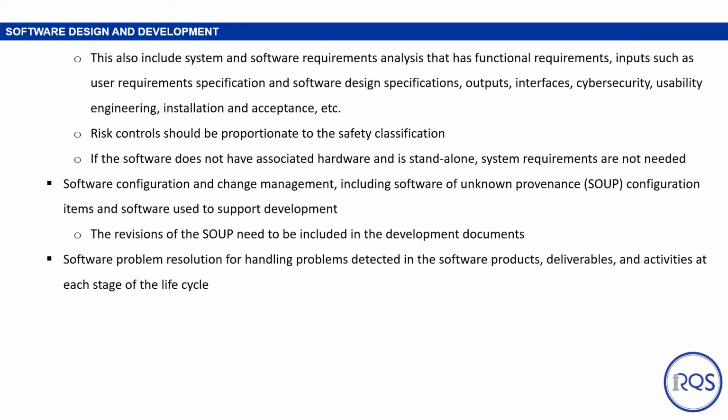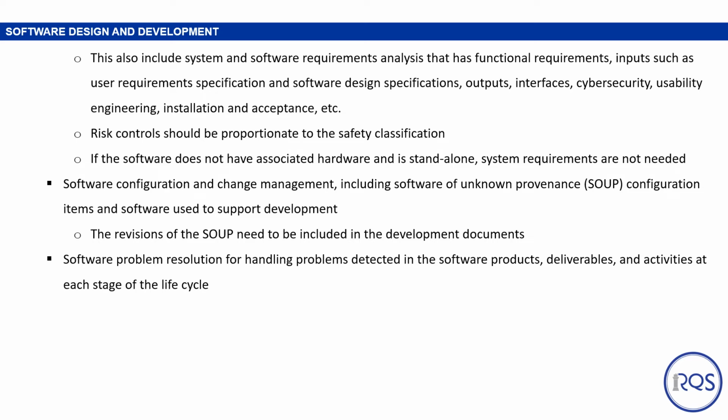The traceability also includes system and software requirements analysis that has functional requirements, inputs such as user requirements and software design requirements, outputs, interfaces, cybersecurity, usability engineering, installation and acceptance, etc. And we'll talk about this a little bit more later in the module. Risk controls for these items should be proportionate to the safety classification. And if the software does not have associated hardware in a standalone, then system requirements are not needed.